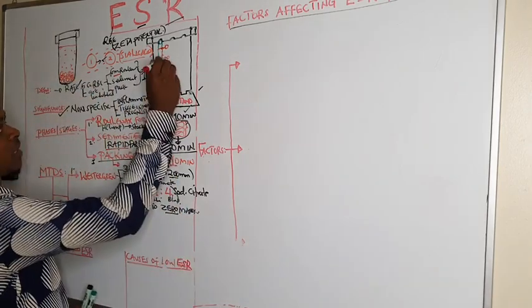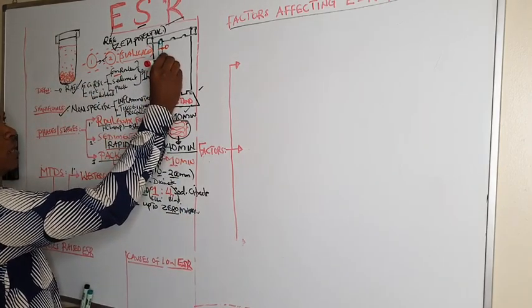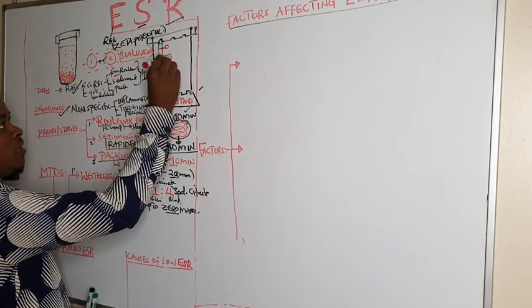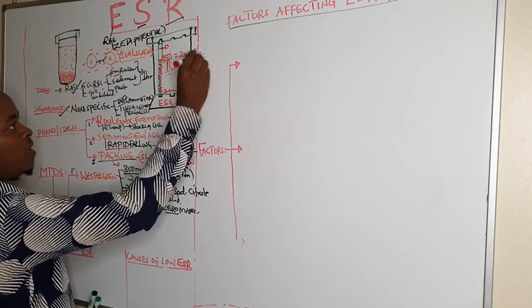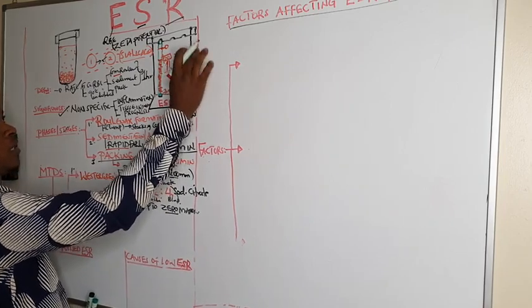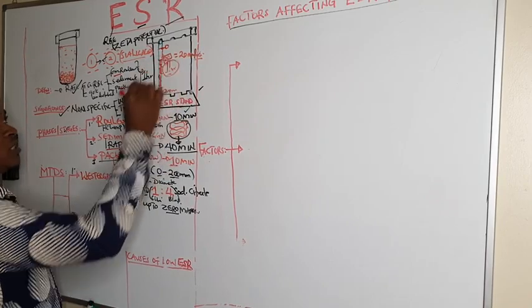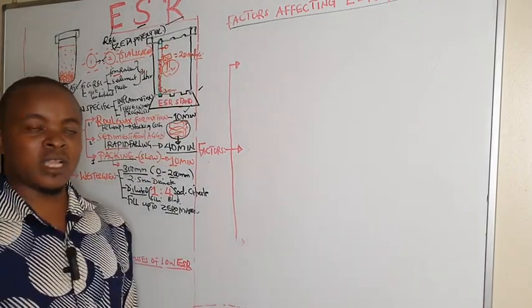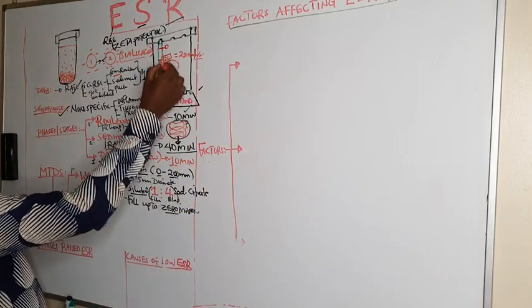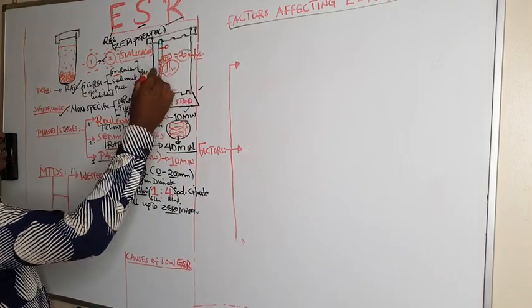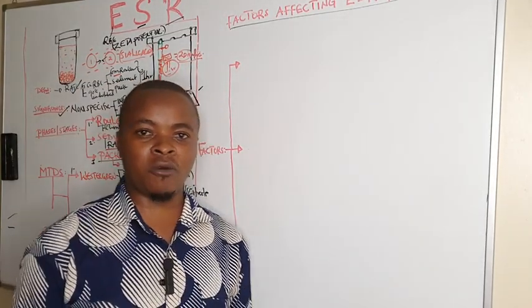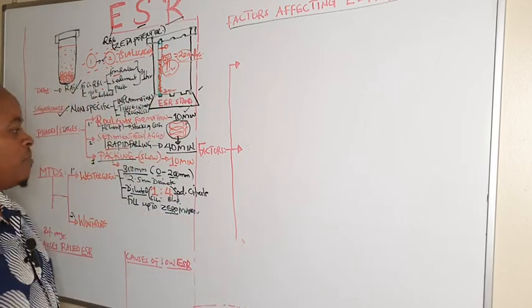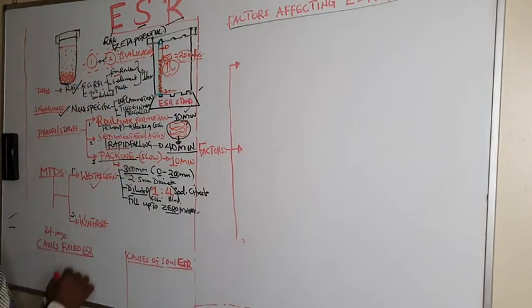Since the meniscus is at the 20 millimeter mark, our ESR is 20 millimeters per hour. Why are we saying per hour? Because we have left it to stand for 1 hour, and the rate it has moved is 20 millimeters. So the ESR becomes 20 millimeters per hour.